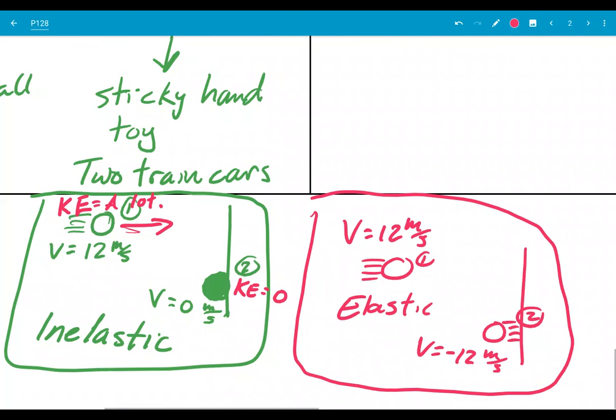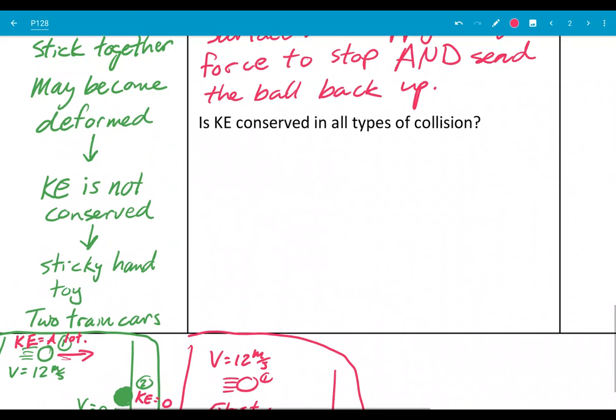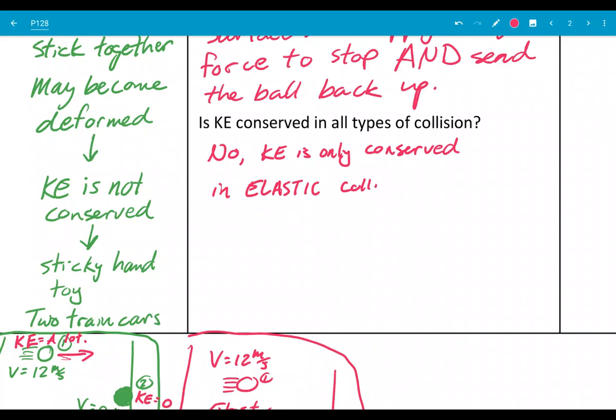In elastic collisions, because it bounces off and is traveling the same speed but in the opposite direction, kinetic energy is conserved. So is kinetic energy conserved in all types of collisions? No. KE is only conserved in elastic collisions, when the things bounce.